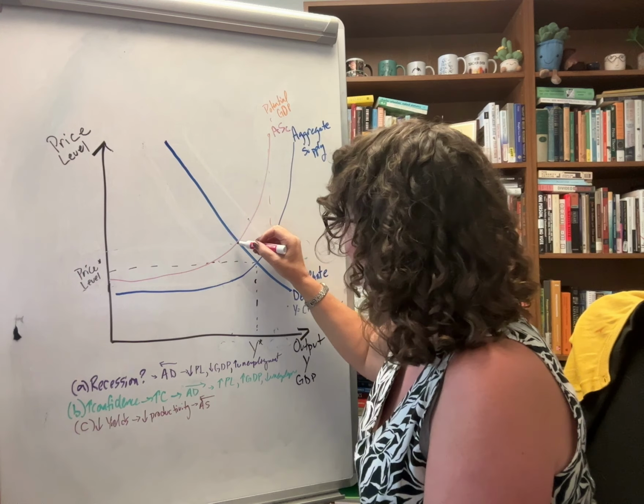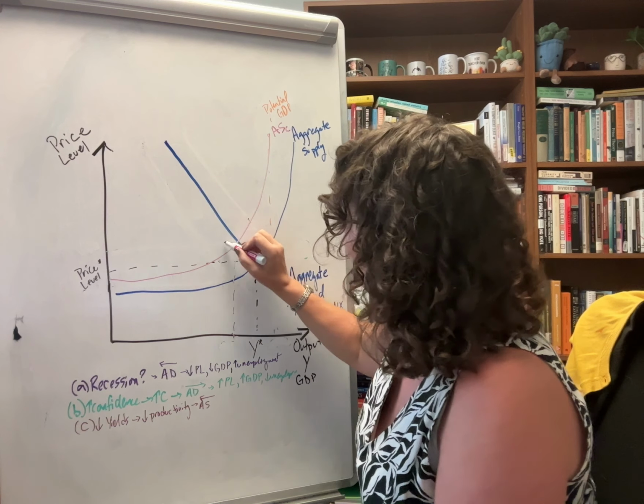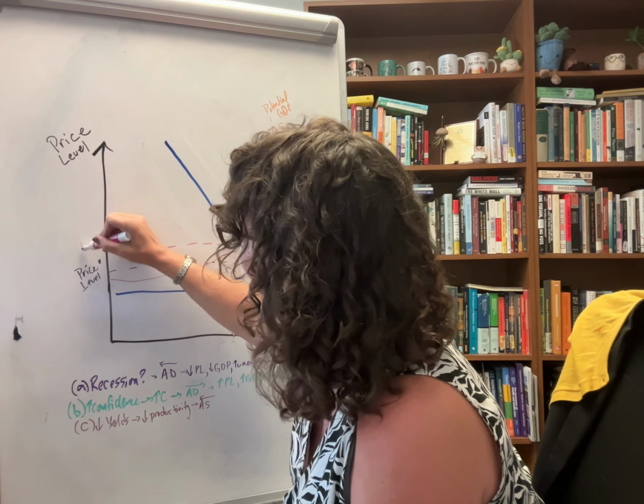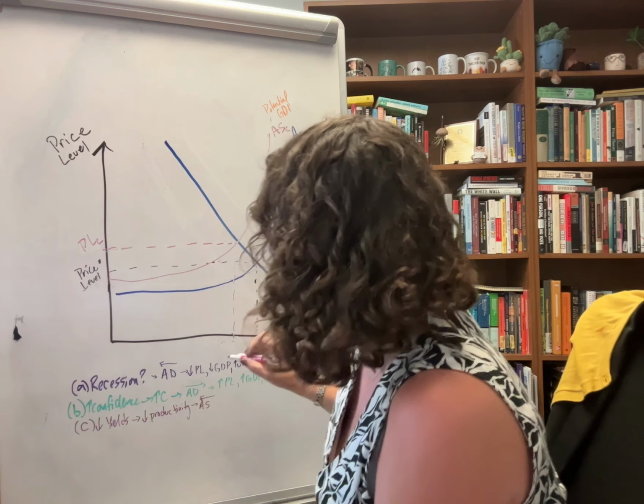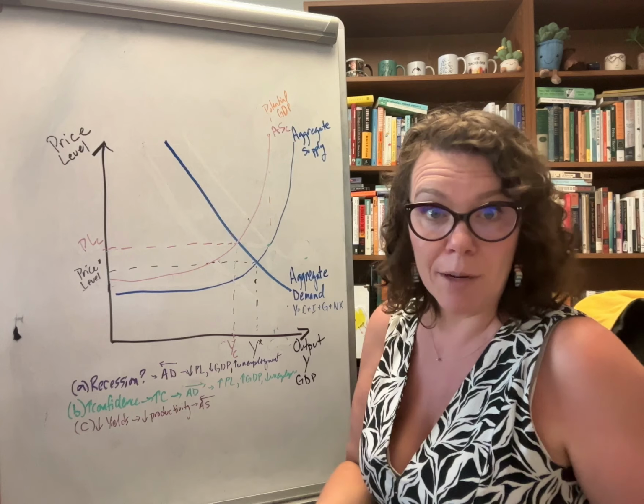Our new equilibrium is going to be a point where GDP is lower and prices are higher. So we have a higher price level, lower GDP, and we're going to expect unemployment.